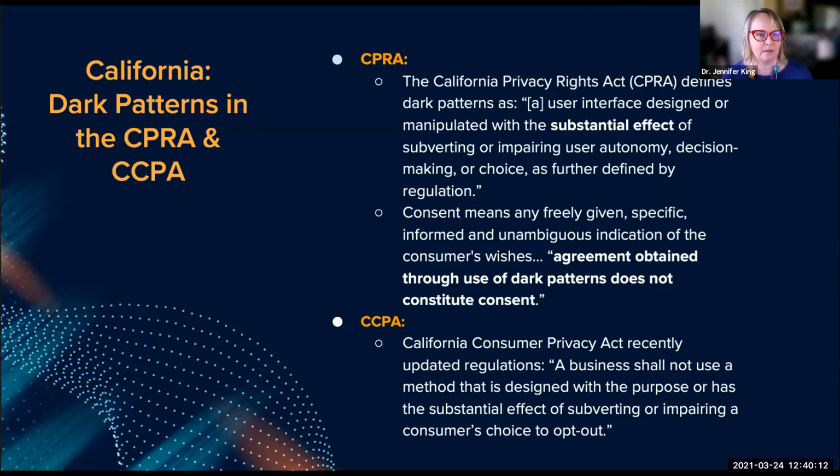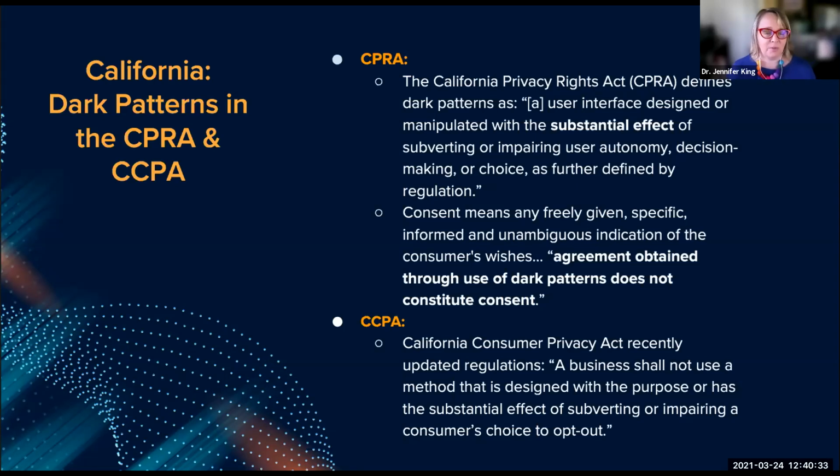Okay. All right, so I'm done with the examples for now. We're going to talk about the California laws in particular, and then wrap up and move into our panel discussion. And so, as Stacy mentioned, California now has 2 dark patterns regulations on the books as part of our new privacy laws.